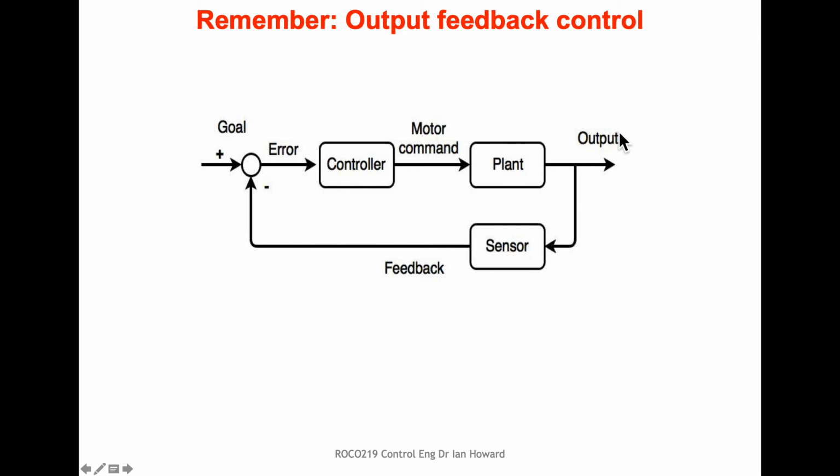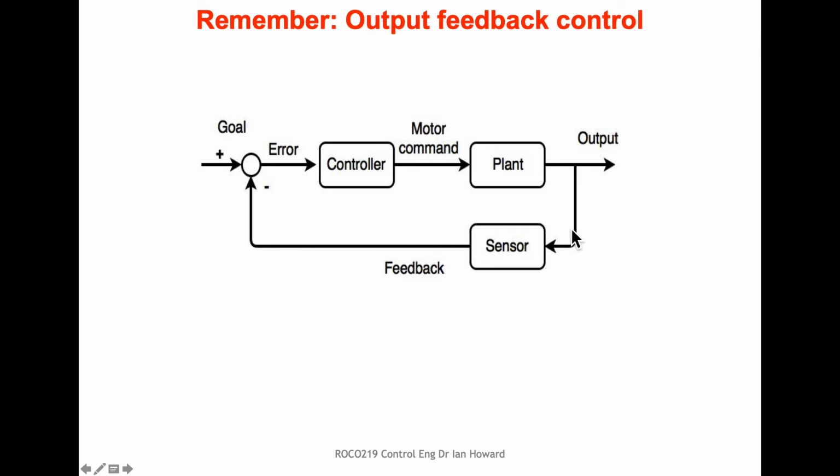In addition, if there are disturbances, like if it was a robot arm moving and there was something in the way, unless you're actually looking at what the output's doing, you can't compensate for that kind of thing. So that's why we use, in the first instance, output feedback control.